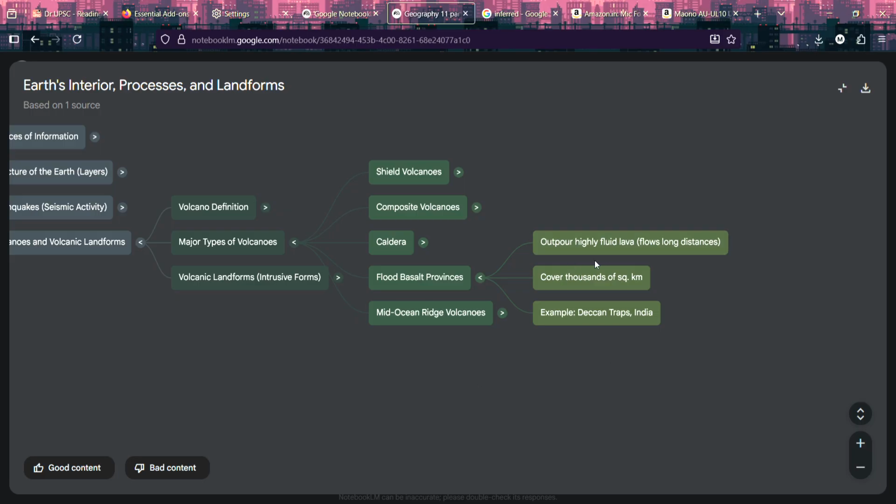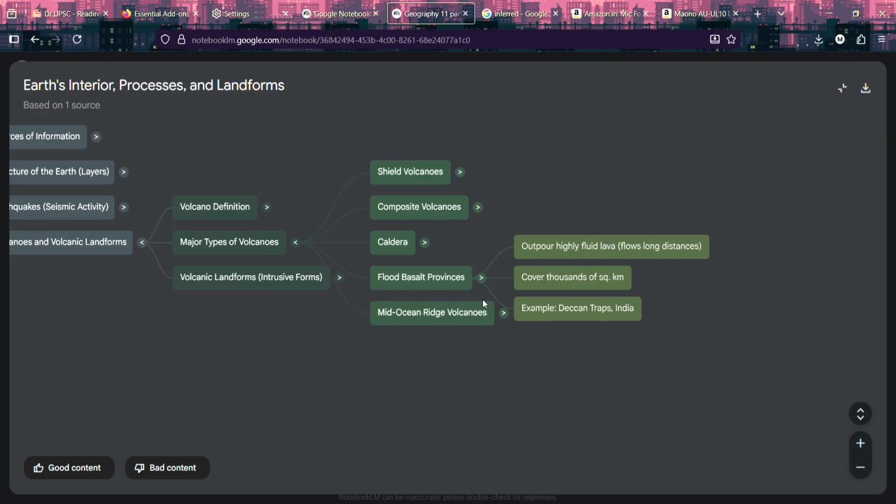Since it is less viscous and more fluid, it travels like a river and covers a lot of distance. An example in India itself is the Deccan Traps, made from flood basalt provinces.